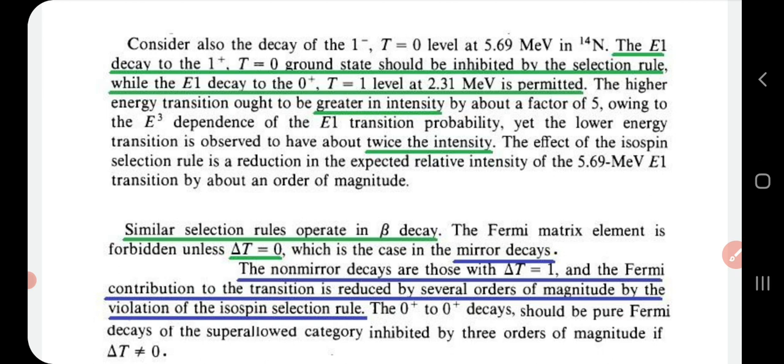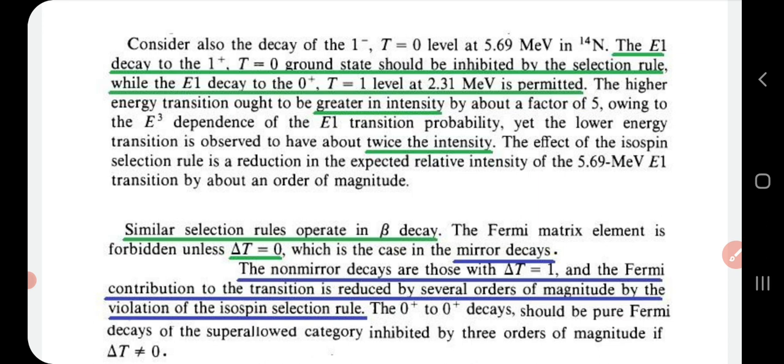The ground state is not allowed in even decay transitions, whereas even decay to the 0 plus state with T equal to 1 is permitted. So even decay to the plus 1 state with T equal to 0, that is the ground state, is prohibited, whereas even decay to the 0 plus state with T equal to 1 is permitted.